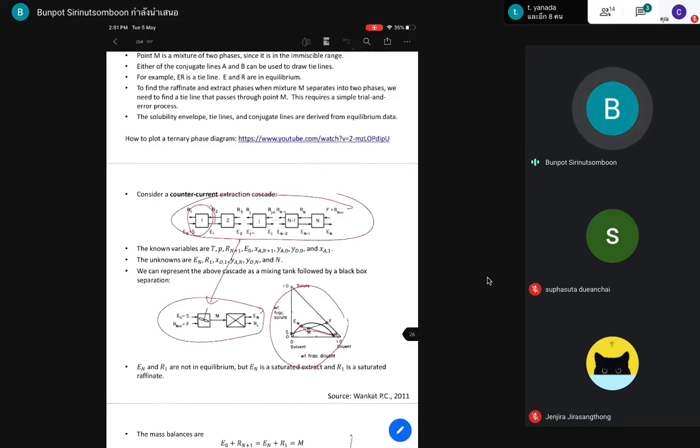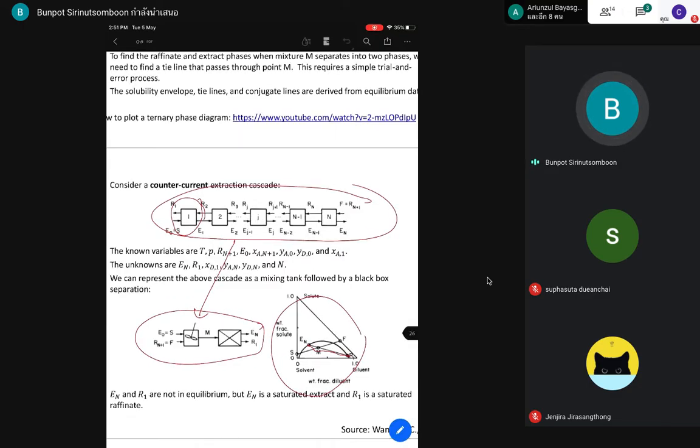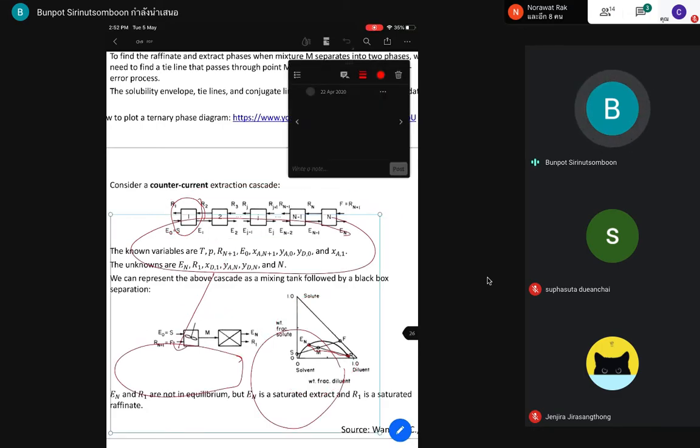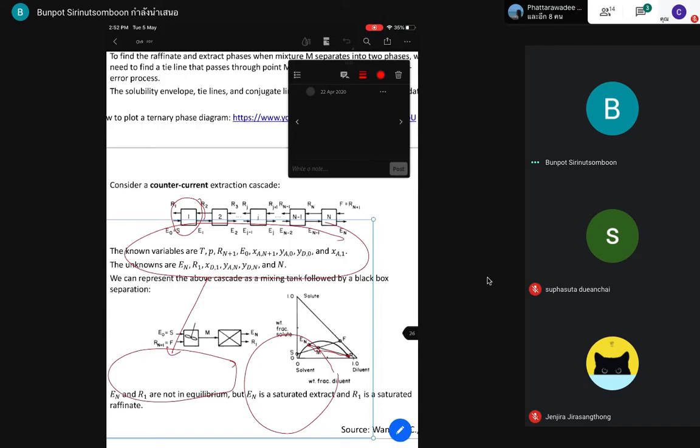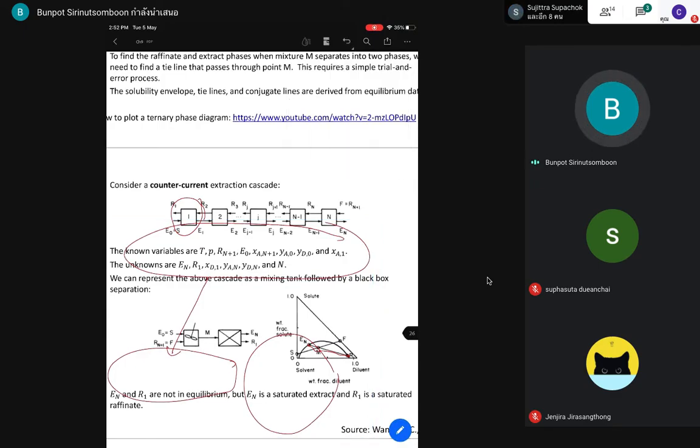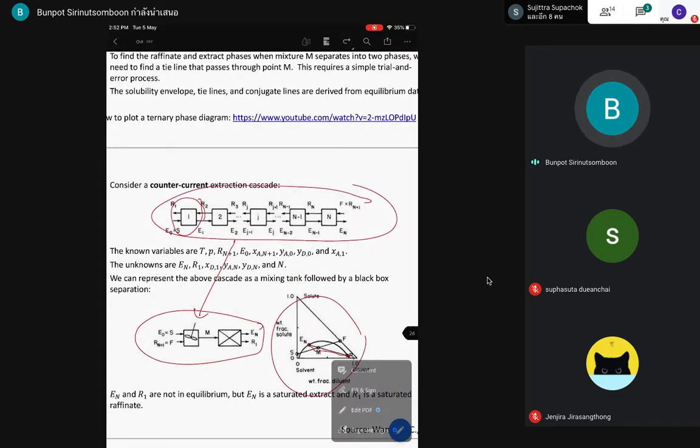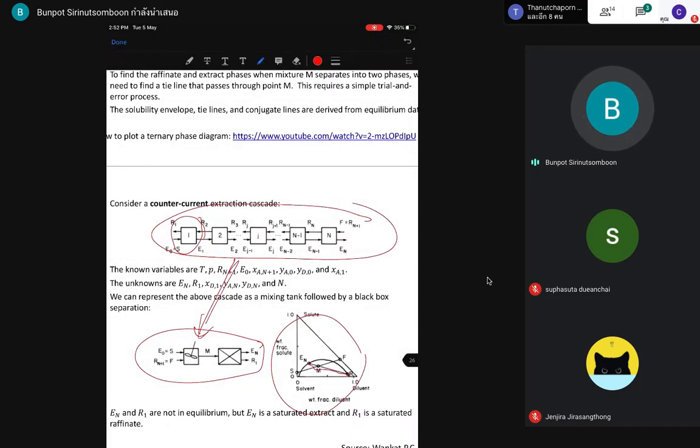So you have a counter current system like this, right? This counter current is the actual process, but you can make an imaginary process, from this diagram to this diagram, from the actual process to this imaginary process.